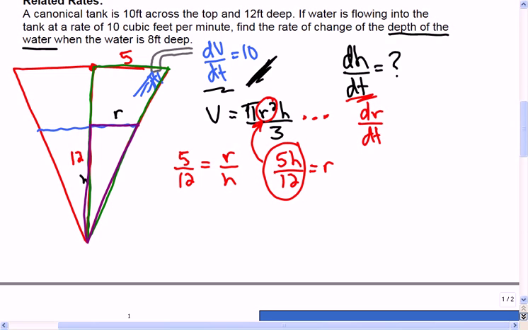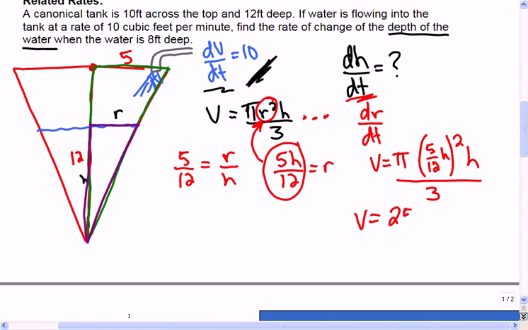So we're going to make an adjustment then. The volume will be pi. For the radius squared, it's now 5 over 12 h. So that'll be 25 over 144, which means once I tidy this up, 432, I believe you'll get this for the volume: 25 pi over 432 h cubed.